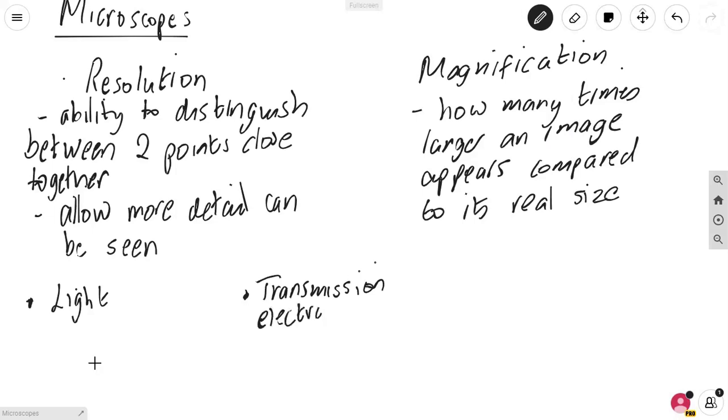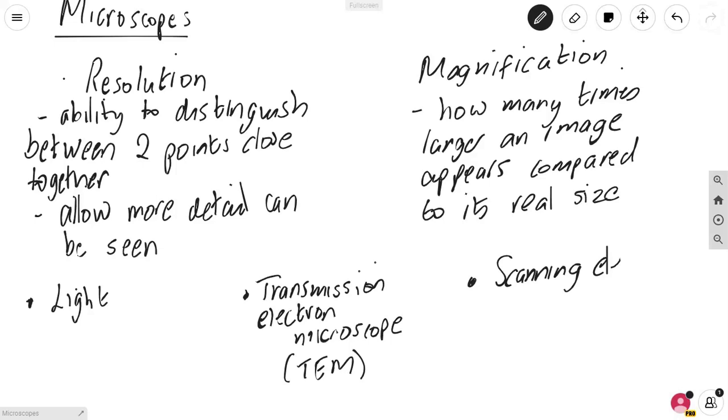You'll be pleased to know that we abbreviate that to a TEM. And a scanning electron microscope, which is an SEM. Both these things are too big for us to have in schools. They do have them in universities and in research labs.